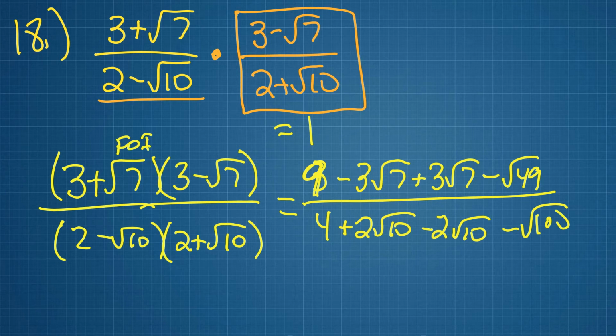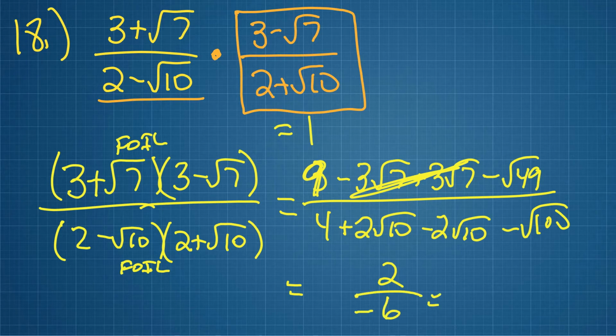So if you don't know how I got those, I use FOIL on both the top and the bottom. The middles cancel. I get 9 minus 7, which is just going to be 2. 4 minus 10 is negative 6. So I get negative 1/3 as my final answer. And that's it for 18.